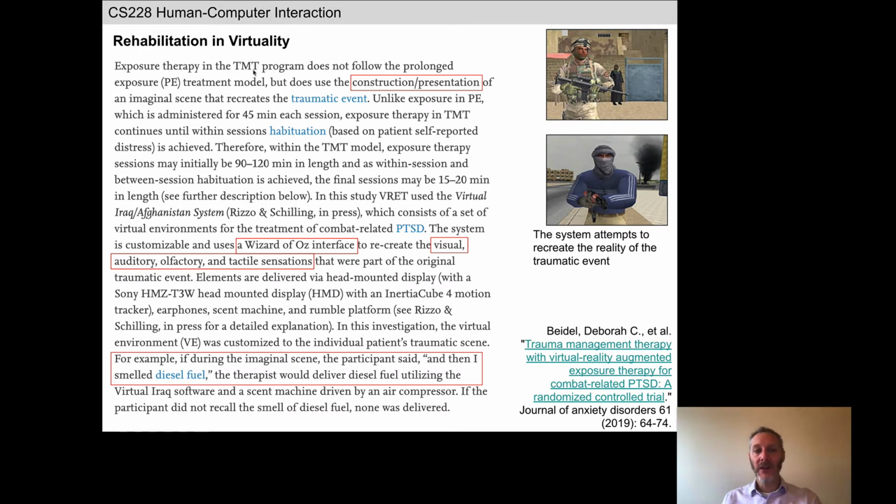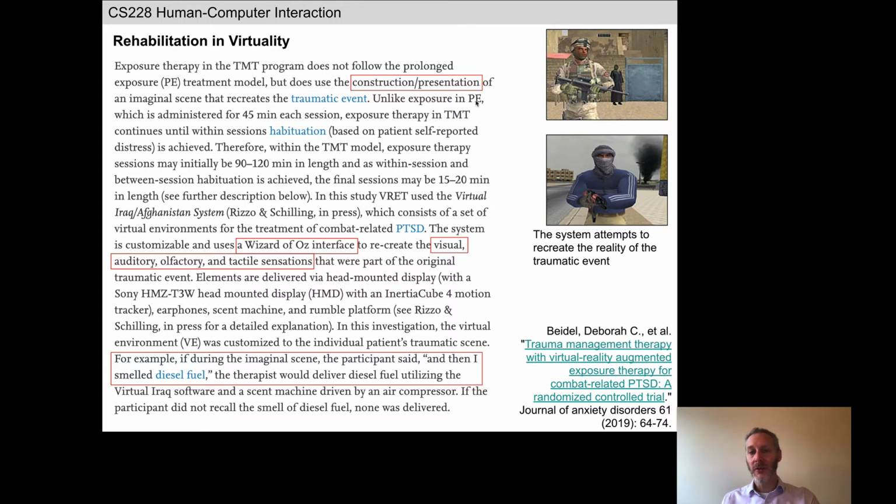So in this paper, they contrast TMT, which is using VR for exposure therapy, to traditional exposure therapy. Both systems use the construction of an imaginal scene, where we're going to gradually build up the realism of the scene to recreate the traumatic stimuli or the traumatic event.